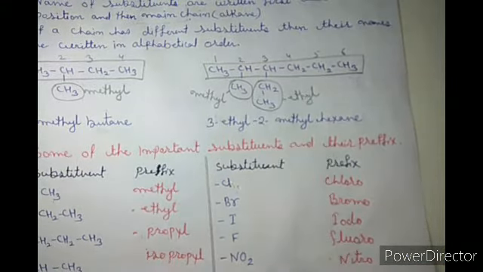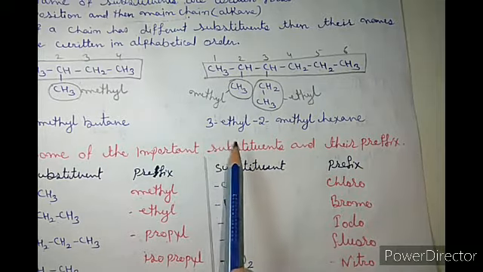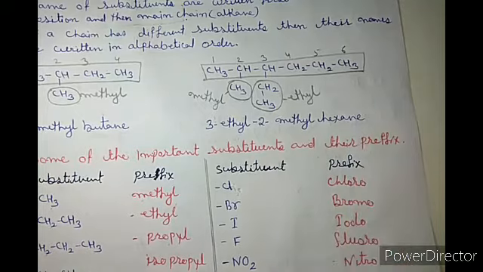So that is 2-methyl. And then the main chain. The main chain has 6 carbon, so hex. Since it is saturated, so ane, that means hexane. Now add all of these, so the name becomes 3-ethyl 2-methyl hexane.